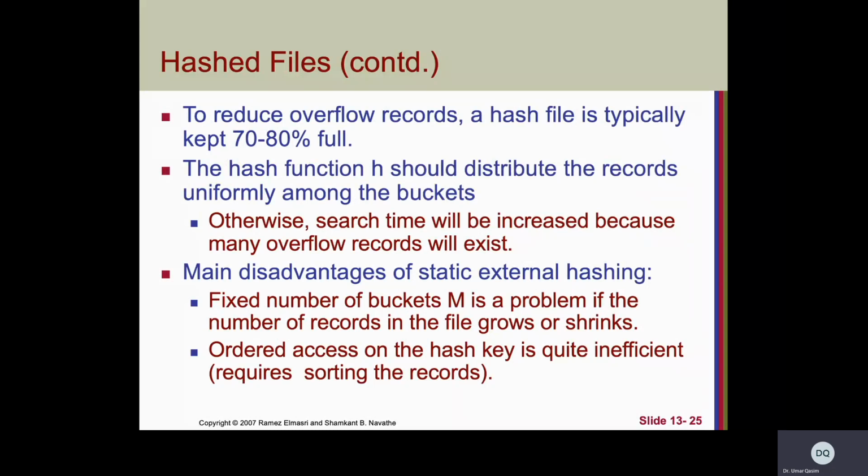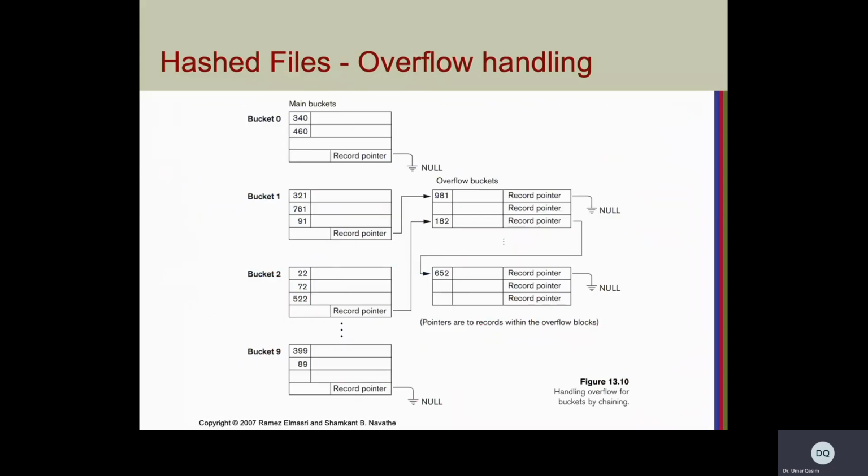The main disadvantage of external hashing is that if you have a fixed number of buckets, then what if your number of records grows or shrinks? How are you going to address that issue? Also, ordered access on the hash key is quite inefficient, because you have to first sort the records and then go in order.